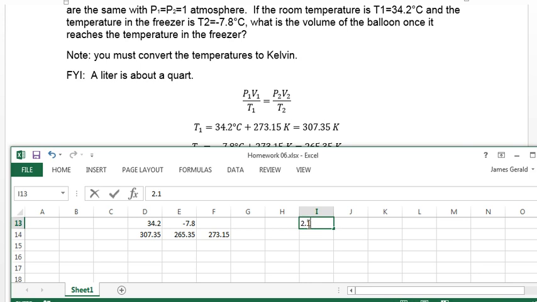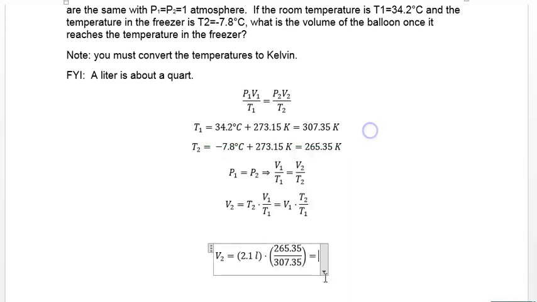Our volume is 2.1, so it's going to be our volume times our second temp divided by our first temp, right? So 1.81 liters. So the balloon shrinks about 10%, to 1.81 liters. It's not a lot, but it's enough to make the balloon no longer a nice, tight balloon. All right, that's it for our ideal gas problem.